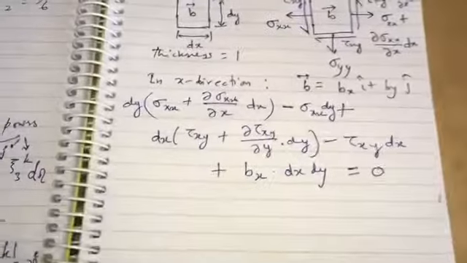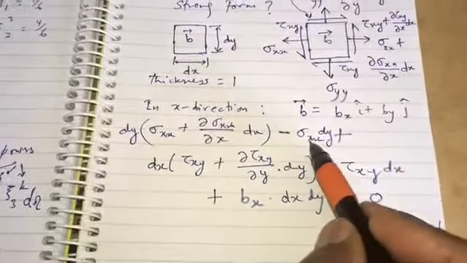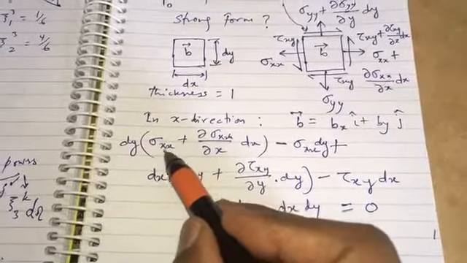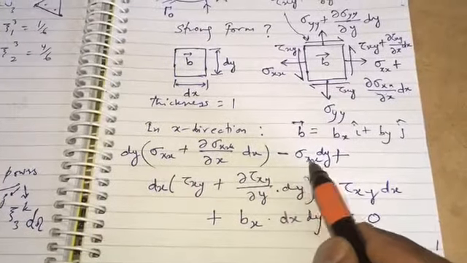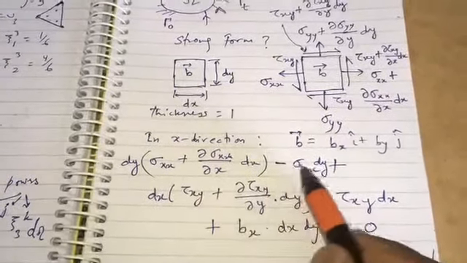So what we get here is, if you work it out, sigma xx multiplied by dy and sigma xx multiplied by dy will cancel out.